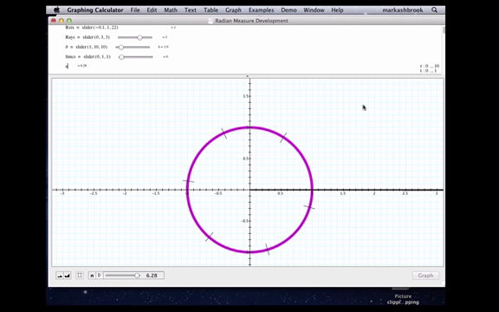Okay, so suppose the circle has a radius of 20 feet. How long is that arc length right there?